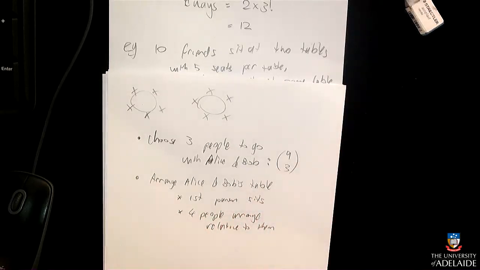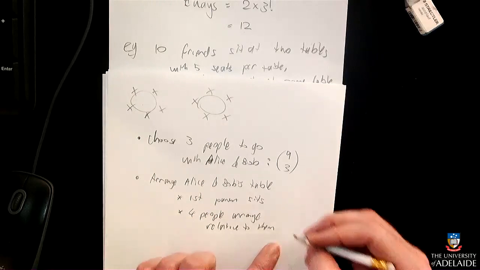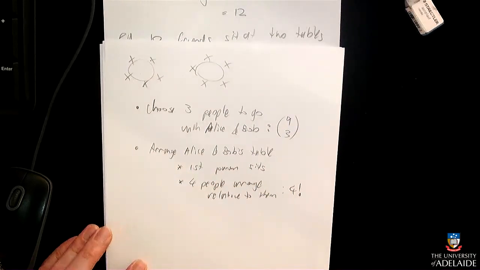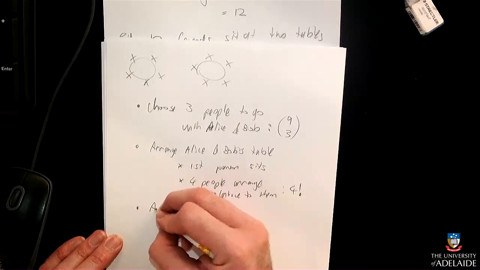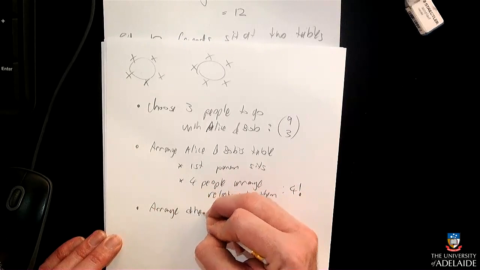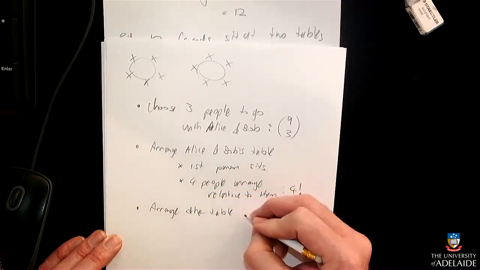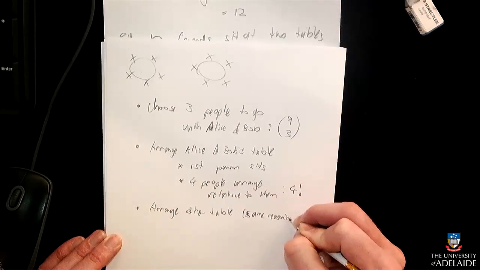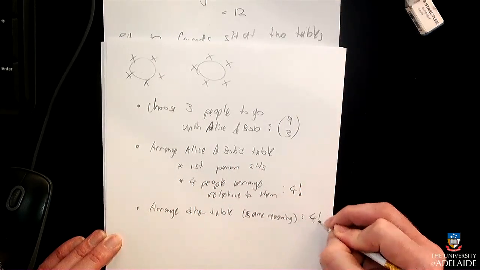So this first person sitting down doesn't really change the arrangement, because it doesn't matter where they sit, because you could just look at it from another direction and it's the same arrangement. And so 4 people arrange relative to them. That happens in 4 factorial ways. And then arrange the other table with the same reasoning, which would be 4 factorial ways.